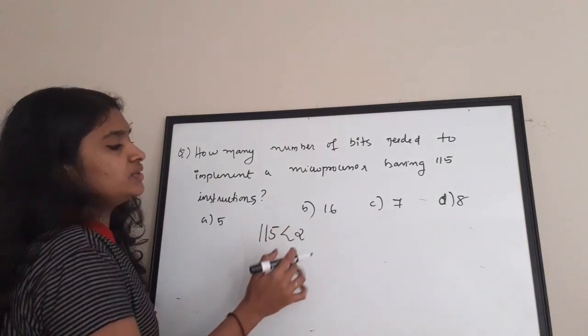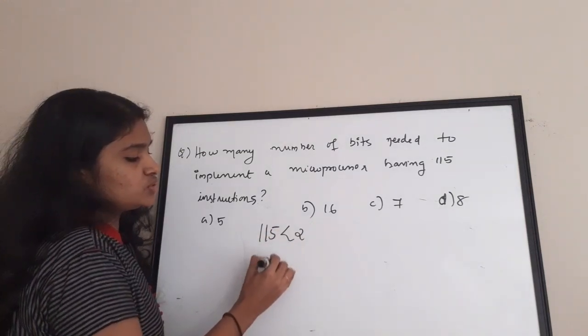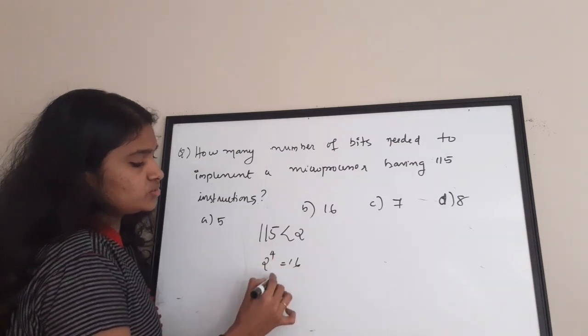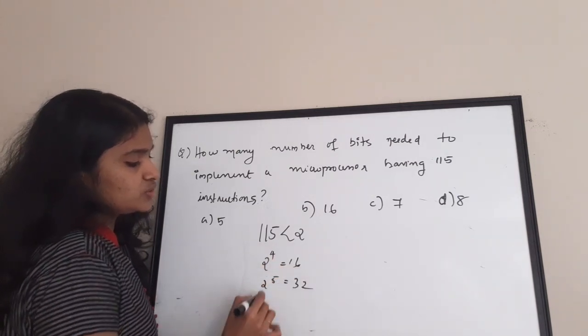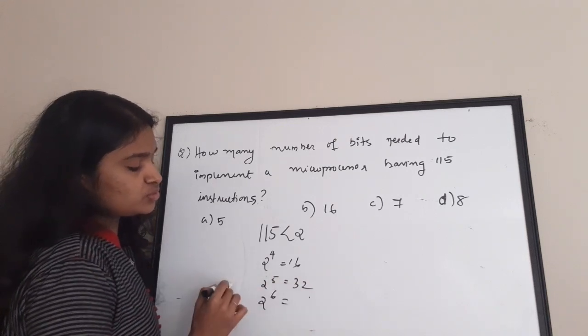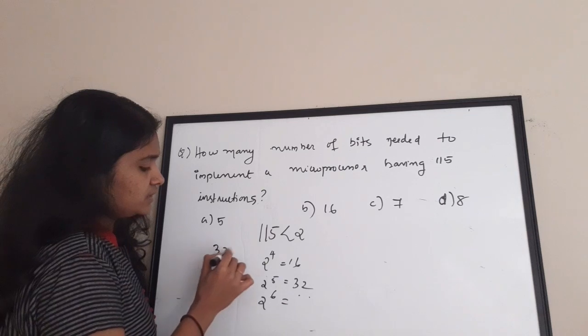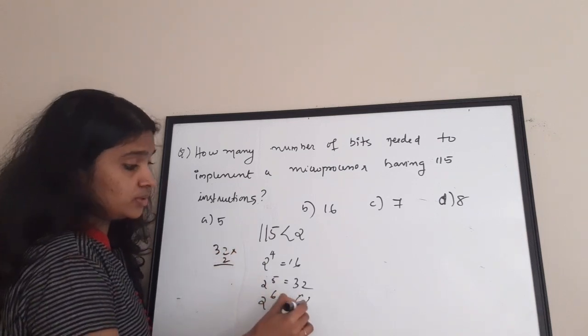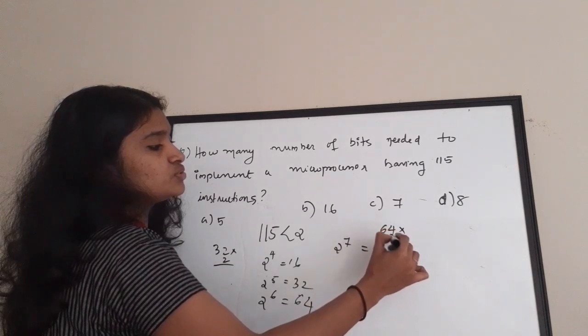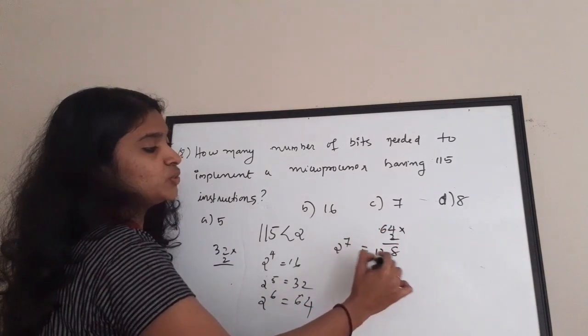Okay, we know that the value of 2 raised to 4 is 16, 2 raised to 5 is 32, 2 raised to 6 is 32 into 2 is 64, 2 raised to 7 is 64 into 2, which is 128.